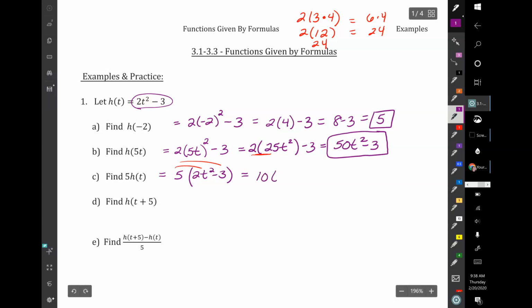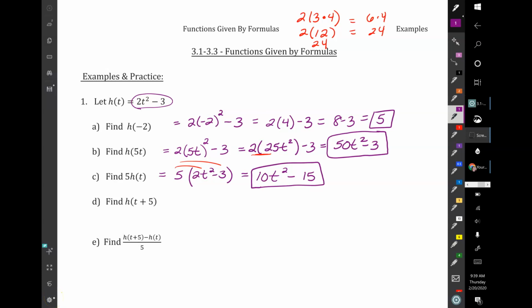I'll get 10t squared. And then 5 times the negative 3 is a minus 15. And we wouldn't then go try to factor this because we're done. I mean, we would just end back where we started. So kind of think about that. For instance, 10t squared minus 15 is our final answer. No like terms to combine or anything.